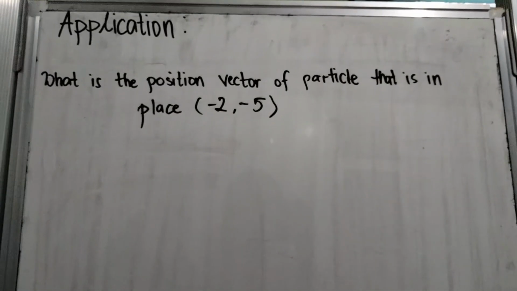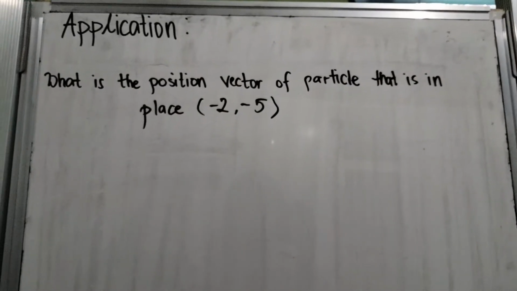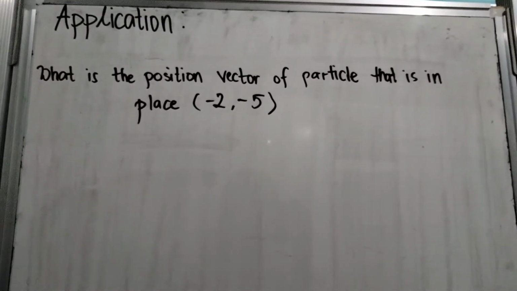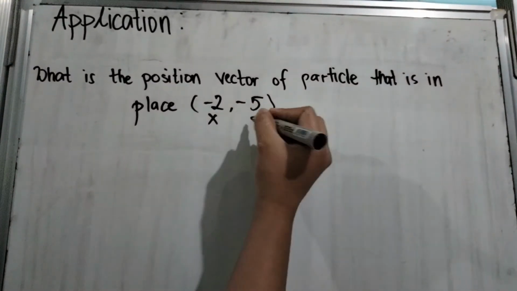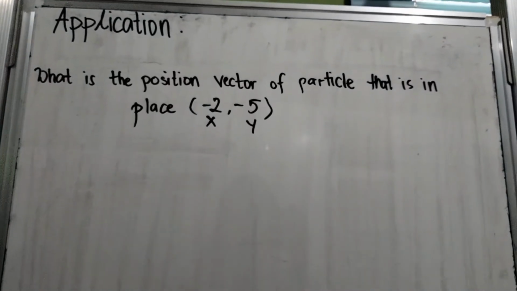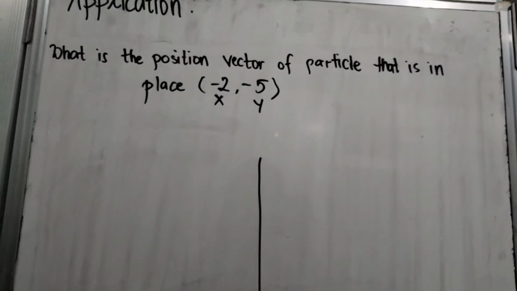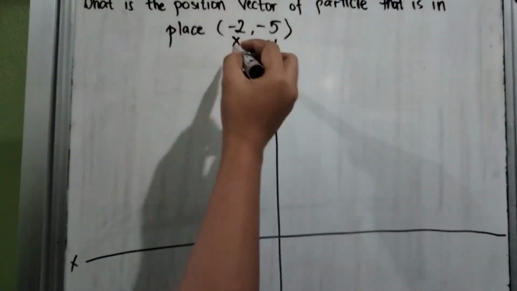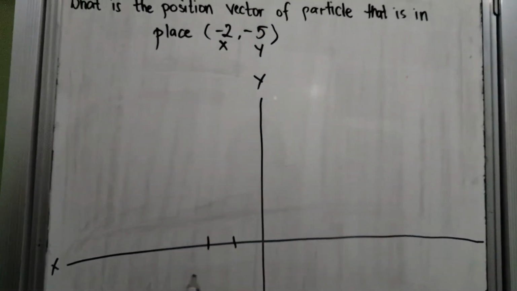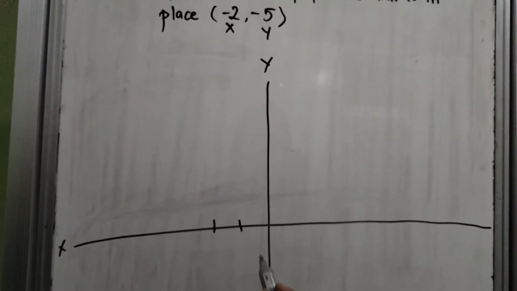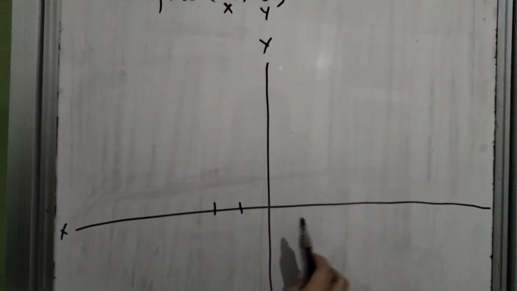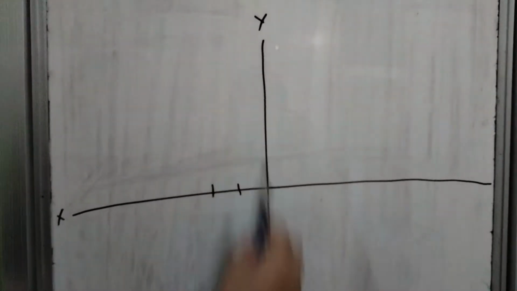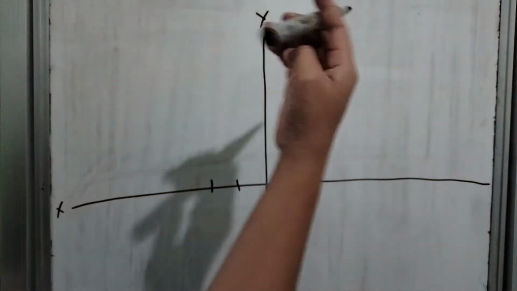What is the position vector of a particle that is in place negative 2, negative 5? So, let's say this is the x, tapos ito yung y. So, magra-graph tayo. Di ba sa graph ito yung x, tapos ito yung y. Ditong side yung negative sa x, tapos dito yung positive. At dito naman sa y, dito sa baba yung negative, tapos dito yung positive.